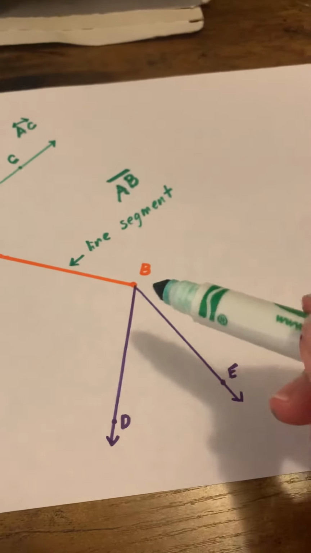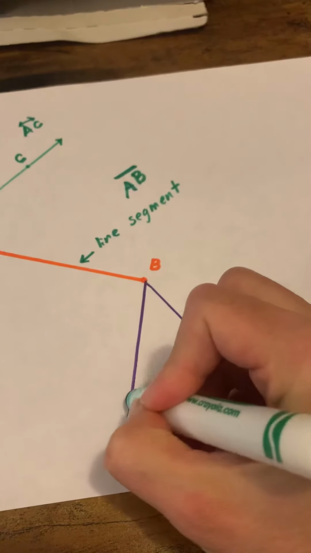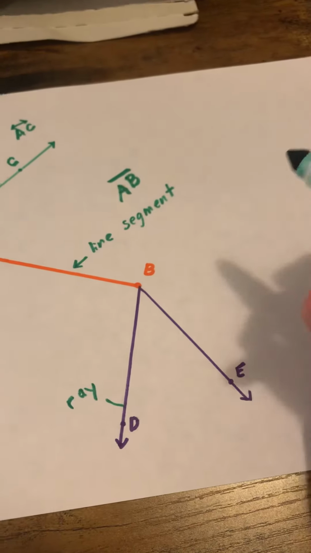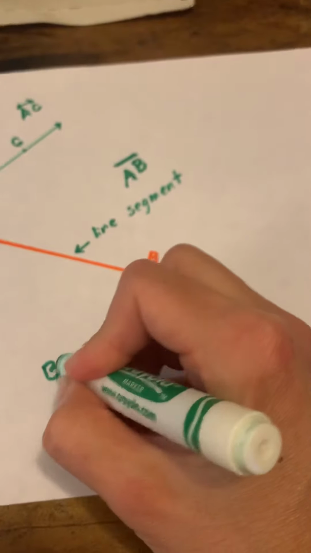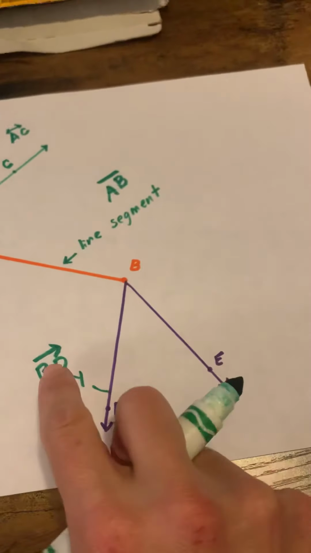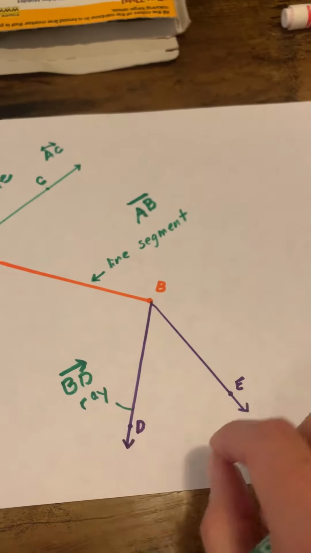And it's ray BD. So first of all, I'm going to label it's a ray. And I'm going to label it BD. Okay, and I'm just going to draw a little ray over it. So that's one point and then an arrow on the other end.